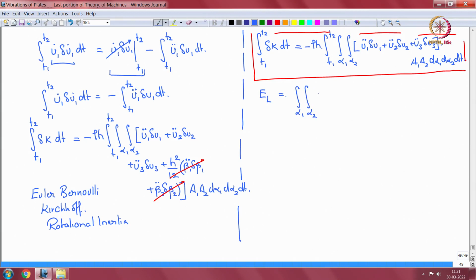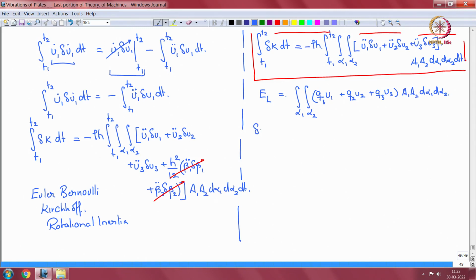This is force per unit area in the 1 direction U1 plus force per unit area in the 2 direction U2 plus force per unit area in the 3 direction U3, into A1 A2 d alpha 1 d alpha 2.